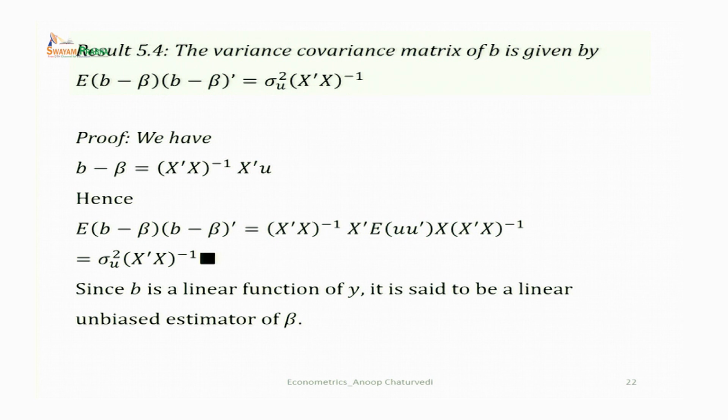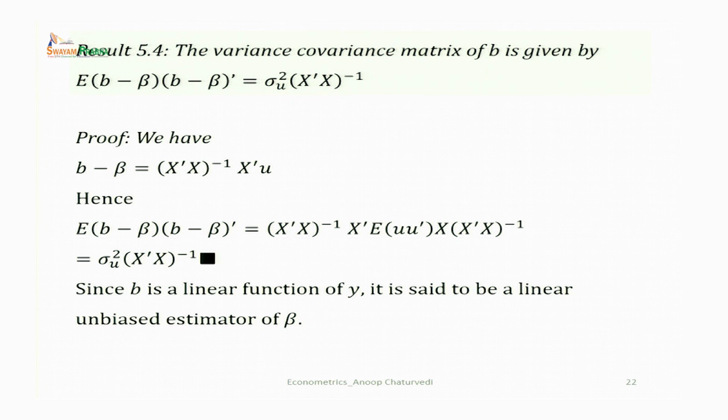In the next result 5.4, we obtain the variance covariance matrix of the OLS estimator B. So, the expression for the variance covariance matrix of B is given by expectation of (B minus beta)(B minus beta) transpose, which is equal to sigma square U (X transpose X) inverse.